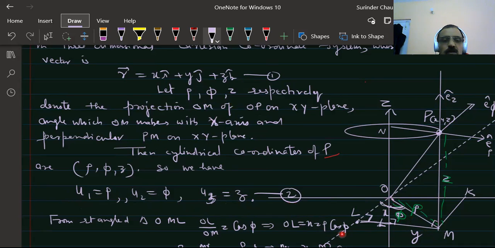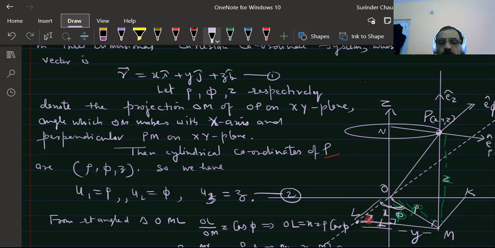If we consider this triangle OML, this is x, this is y. OL upon OM, base upon hypotenuse, is equal to cos phi.